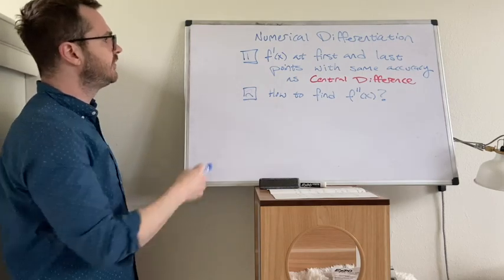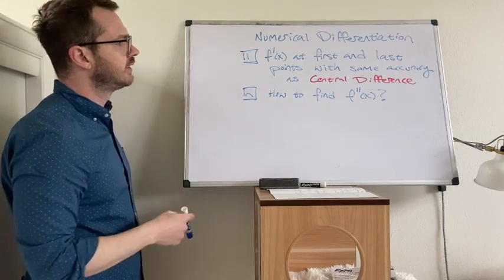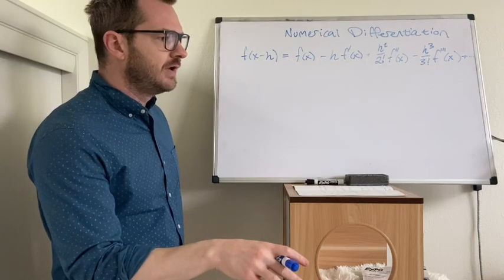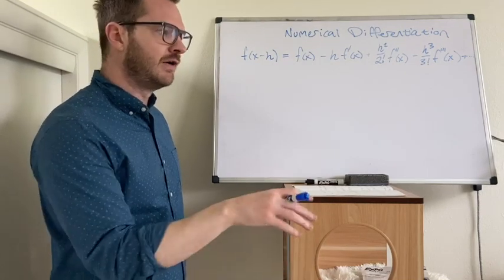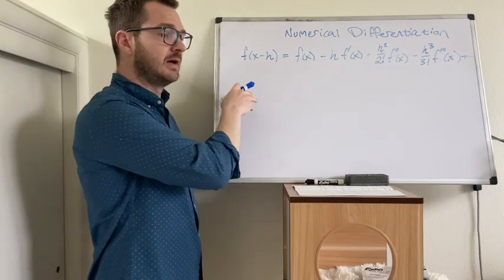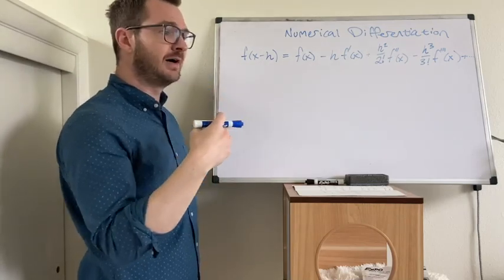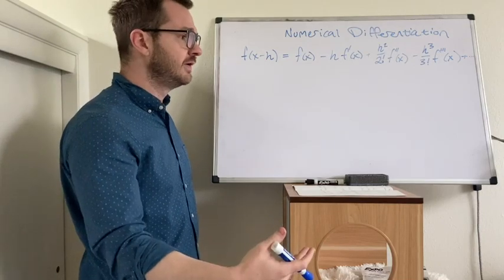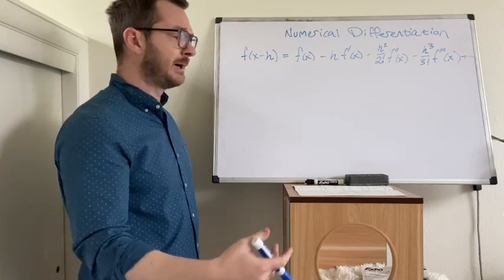Okay, let's start with number 1, and we're going to look at first and last points. Recall that in the last video, when we were deriving forward, backward, central difference methods, we used Taylor series expansions. Now, in those cases, those algorithms ended up looking a lot like the intuitive solutions we came up with, right?